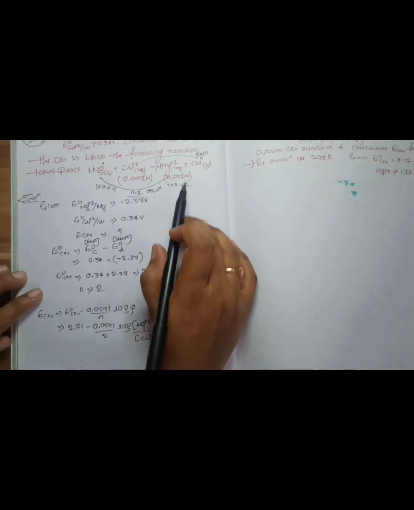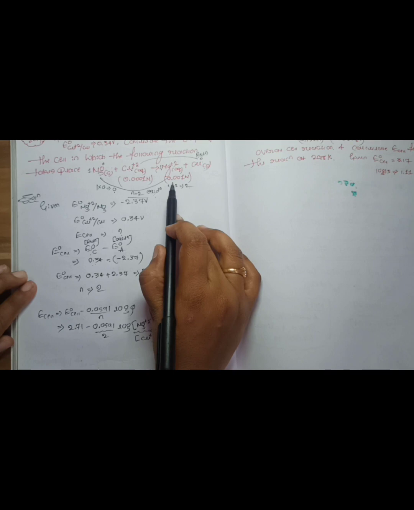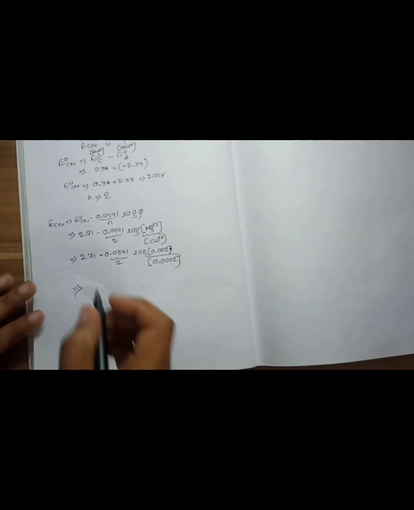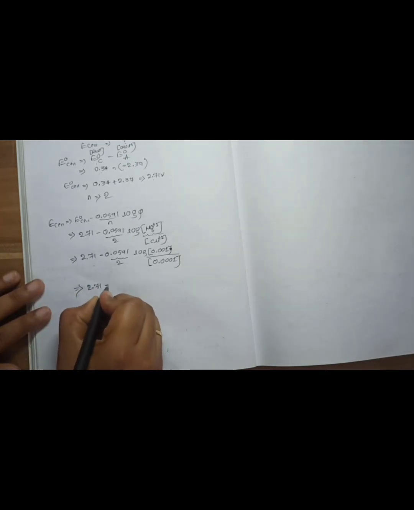In the question the concentration of Mg plus 2 is given as 0.001, and the concentration of copper plus 2 is given as 0.0001. So 2.71 minus 0.0591 divided by 2 log of 0.001 divided by 0.0001.